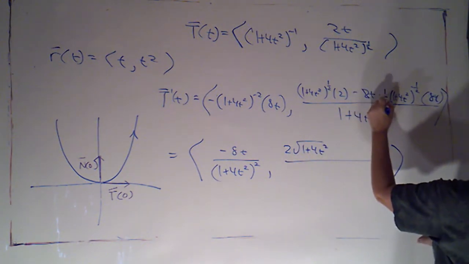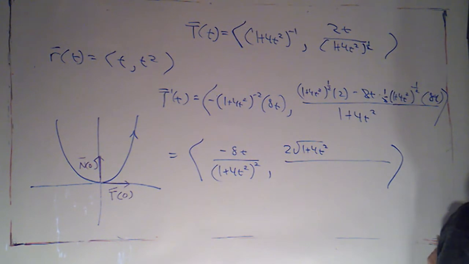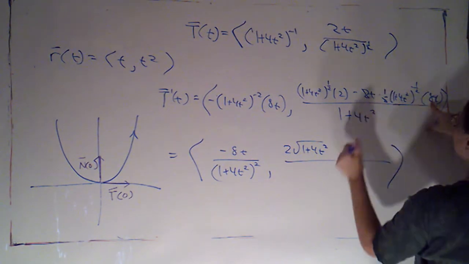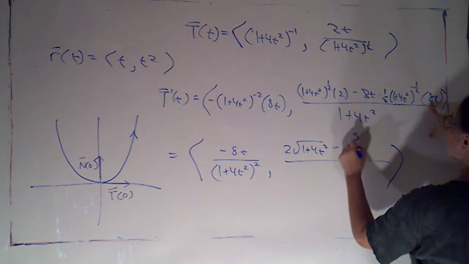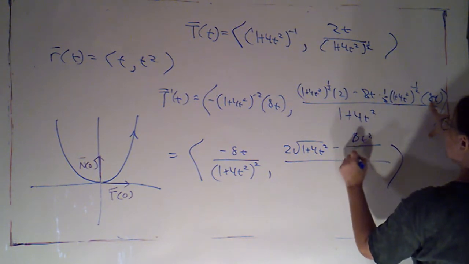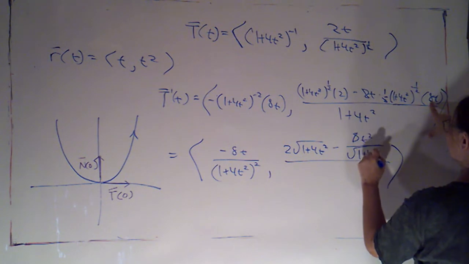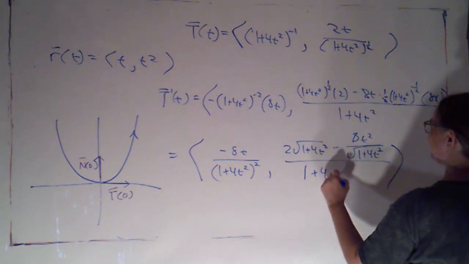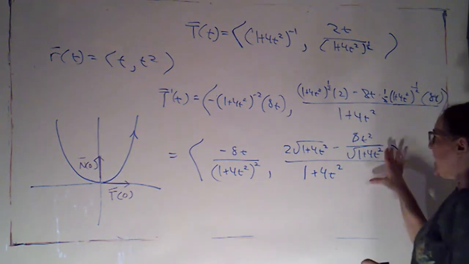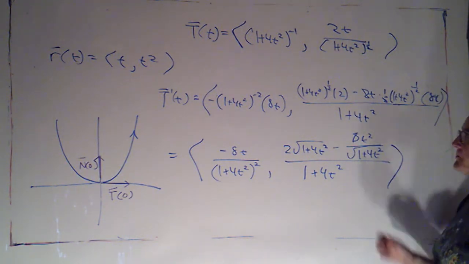Here my 2 and my 1/2 are going to cancel, but here I've got a minus 8t squared over the square root of 1 plus 4t squared, and then all of that is over 1 plus 4t squared. Not crazy about the complex fraction.